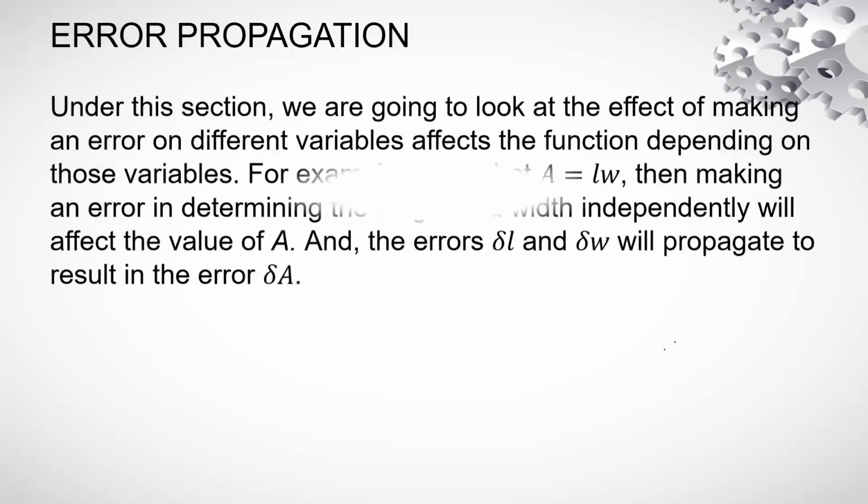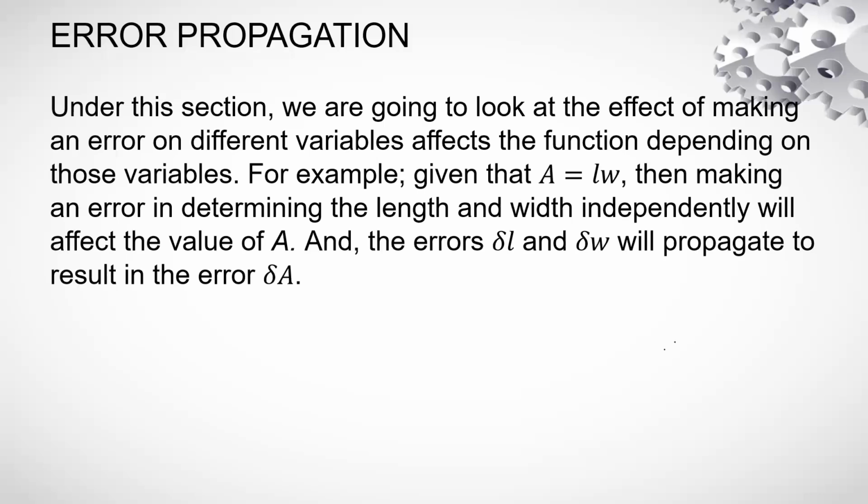Simply, under this section, we are going to look at how making errors in different variables affects the function depending on those variables. For example, given that A is equal to length times width, let's say A stands for area, then making an error in determining the length and the width independently. You first measure the length and the width, then multiply the two to get the area.